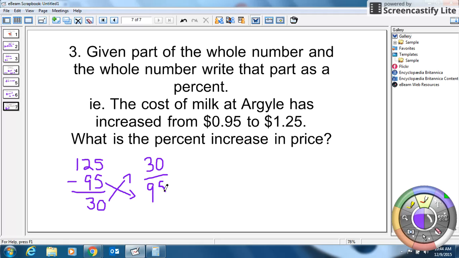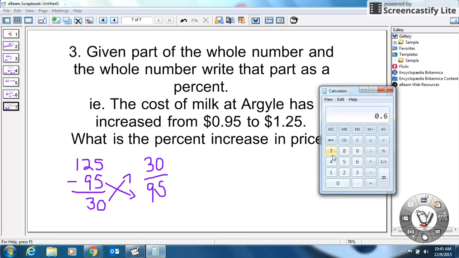Right there. So what was a 30-cent increase, the percentage of that compared to the original cost? So what is 30 out of 95? That's what you're basically asked to figure out. And when I divide 30 divided by 95, that is equal to 0.3157, lots of numbers.